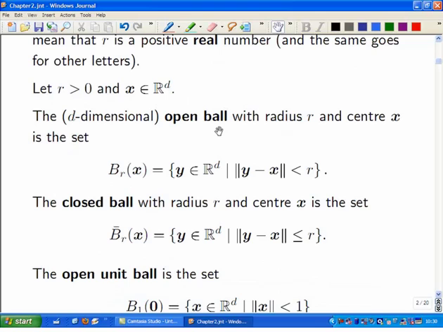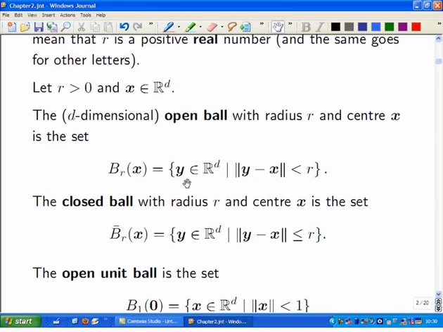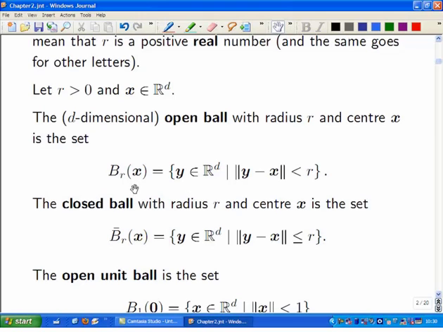So in the open ball, you take those points whose distance from the center, and the center is x, and the points that might be in it are y. So again, take careful note of this careful use of set notation. X is not varying here, x for the moment. X is the centre of the ball.